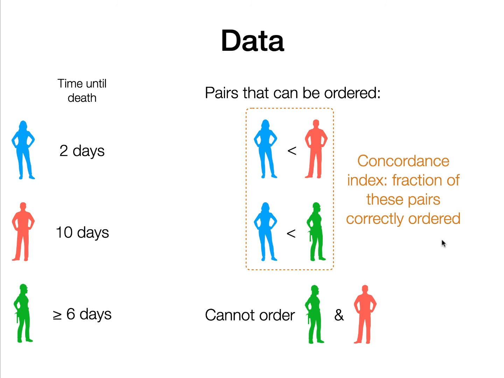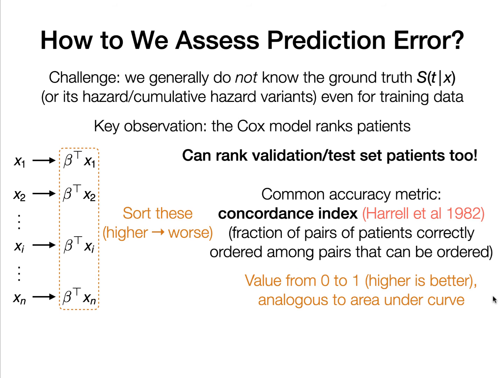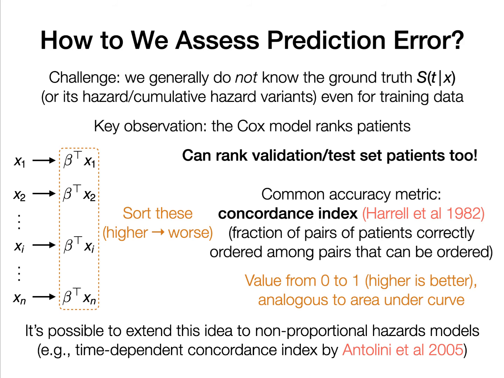All right, so that's concordance index. I presented it for the Cox model because it's easier to explain. I will say that there is a way to extend this to non-proportional hazards models. As one example, there's the time-dependent concordance index that works with other survival models, not just Cox.